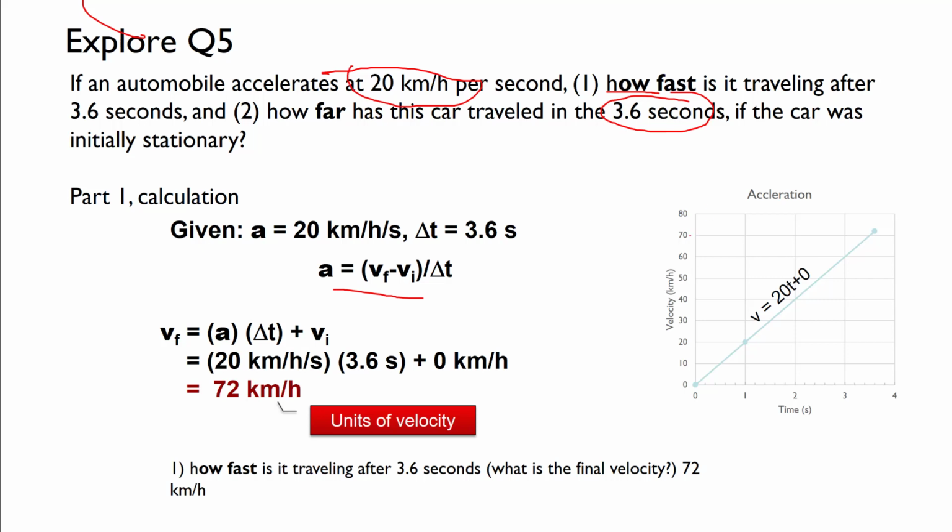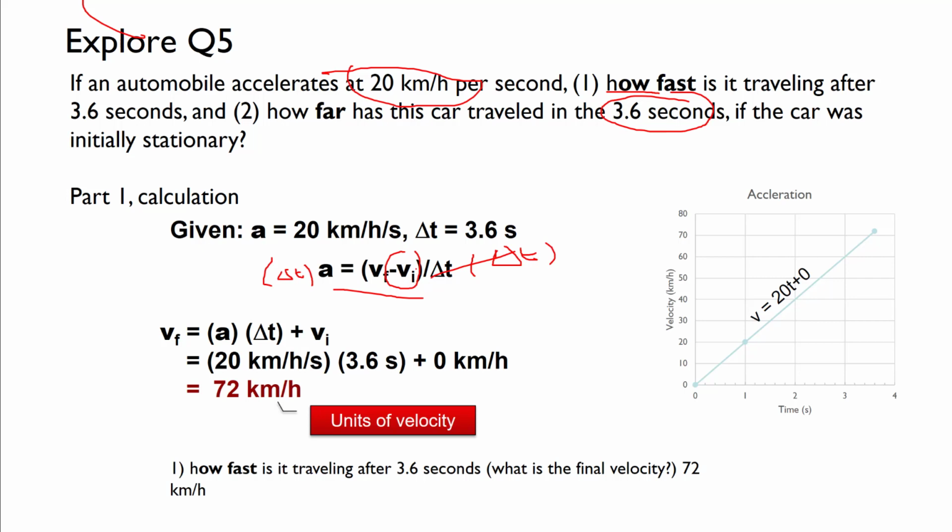So algebraically manipulating this, I can multiply both sides by delta t. So delta t on both sides gets rid of the delta t on the right side. Bam, you're gone. And now I've got a delta t, and then it's a matter of getting minus vi to the other side, because I know the initial velocity is 0 kilometers per hour.